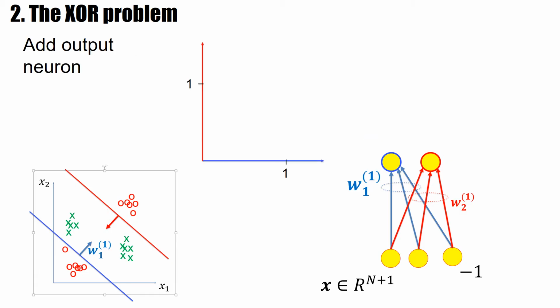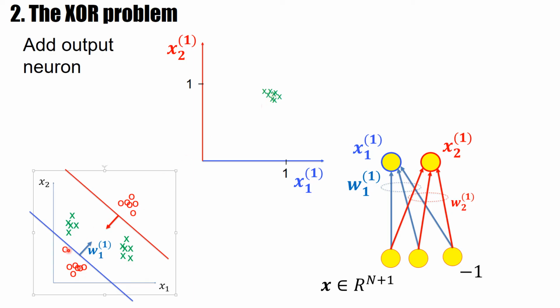Now let's consider these 2 neurons as inputs to a further neuron. So this is the axis of the activity of this neuron, the activity of neuron 1 in layer 1, and the other axis is that of neuron 2 in layer 1. Now all the data points that in the input space are positive examples lie on the correct side of the red and on the correct side of the blue neuron, so they all lie here at 1, 1.